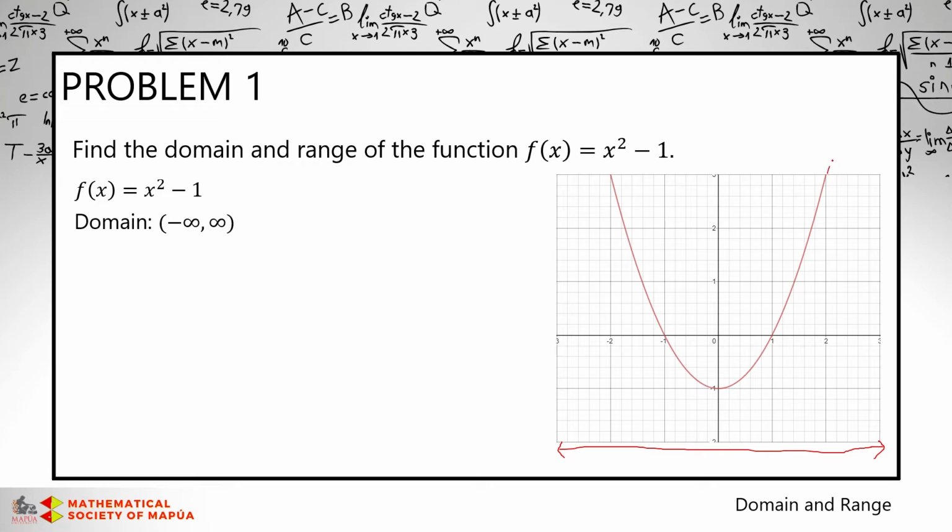Kasi ito, di ba syempre, yung parabola na to is extending pa yan pa ganyan. And same with this, nag-extend yan pa ganyan. So basically, ito yung magiging x value mo, 'di ba? From negative infinity to positive infinity. So mako-cover niya lahat in terms of value of x.